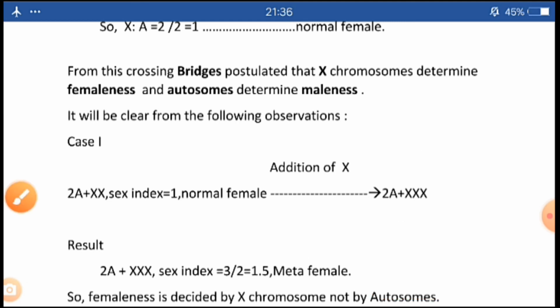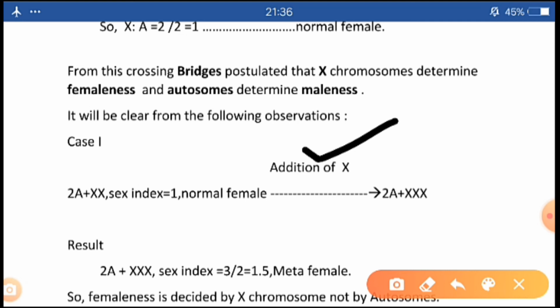Clear? So from this case it is clear that if we add X chromosome to this genotype, then normal female will be converted into meta female. Okay, that is femaleness is increased.